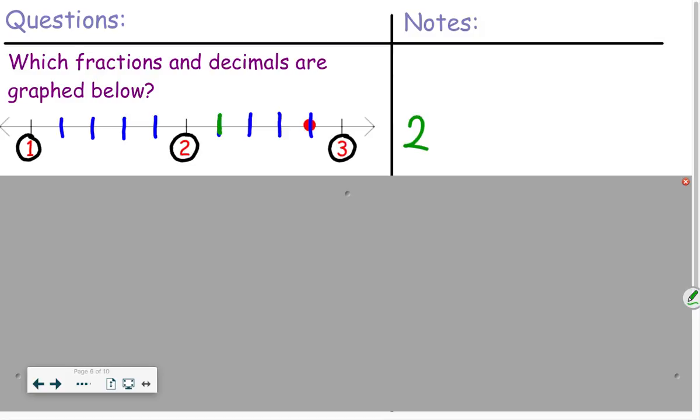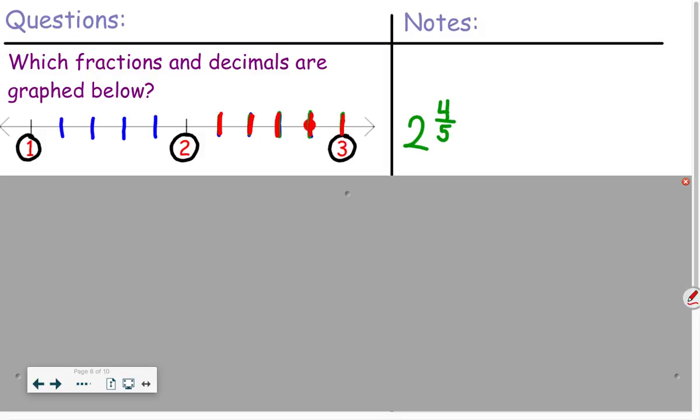We start with 1, then 2, 3, 4, 5. So 2 and 4 fifths. I'll show you how I did that again with my red marker. So don't count the line for the 2. 1, 2, 3, 4, 5.